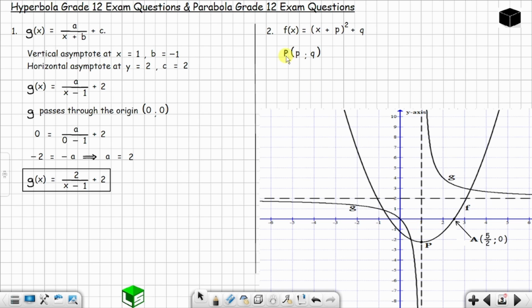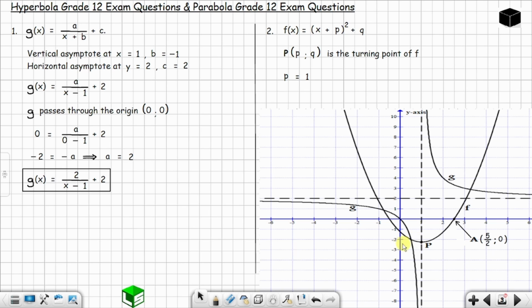This uppercase P means the point P, and this lowercase p is the x coordinate of the point P. You shouldn't be confused with P and p there. This P means the turning point, and this p is the x coordinate of the point P. So from this, you know that p is equal to 1.